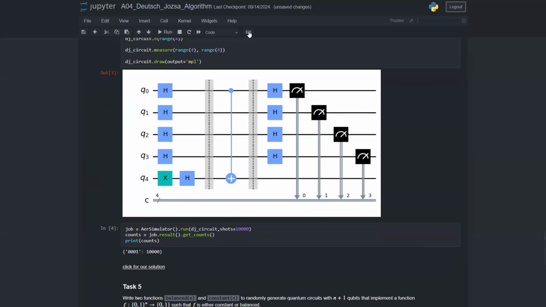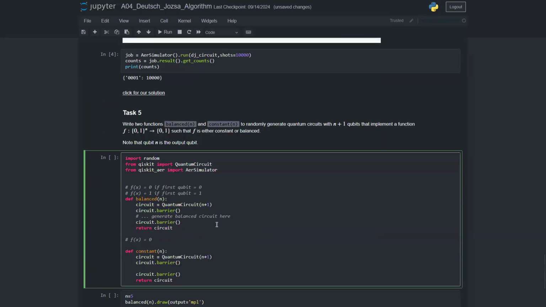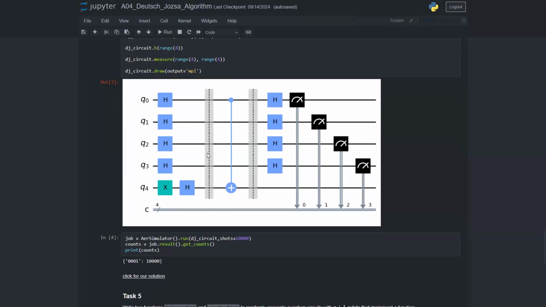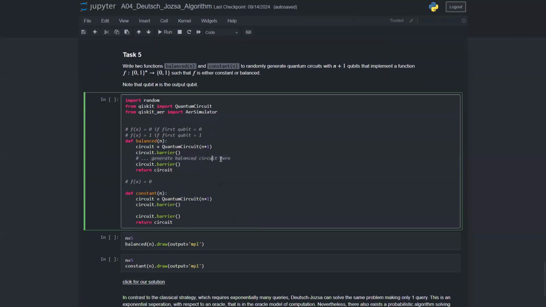If you're getting a balanced one, we need to apply a CNOT where the control is the first qubit and the target is n, just as we've seen here. That's what we think might be good.